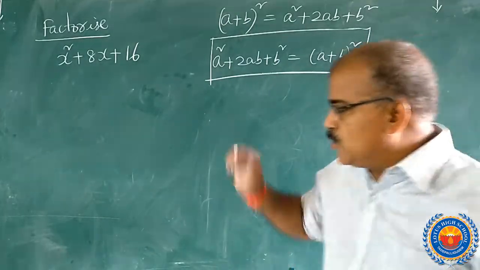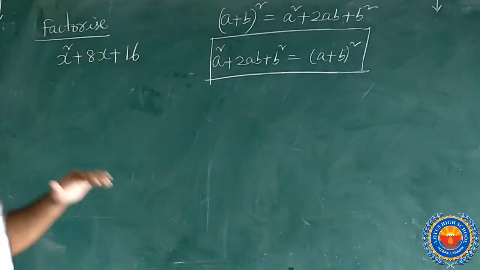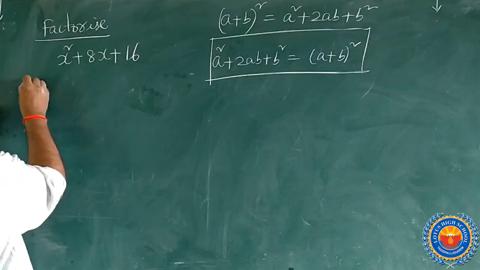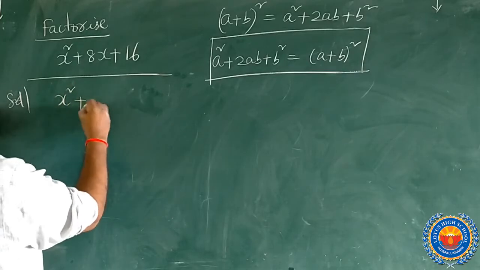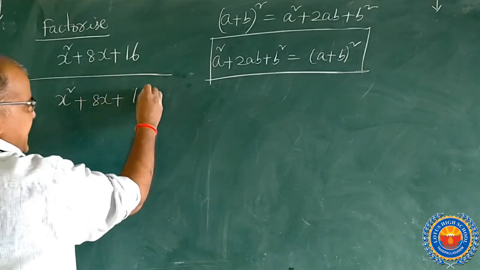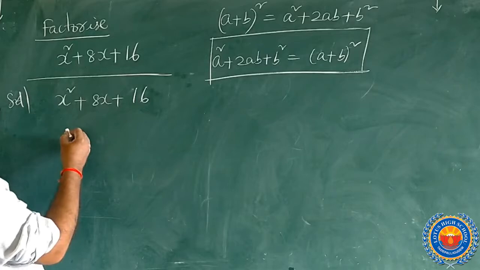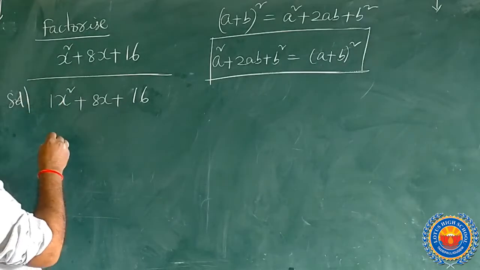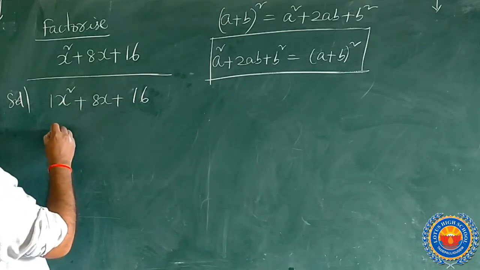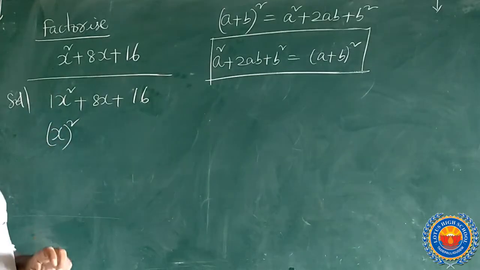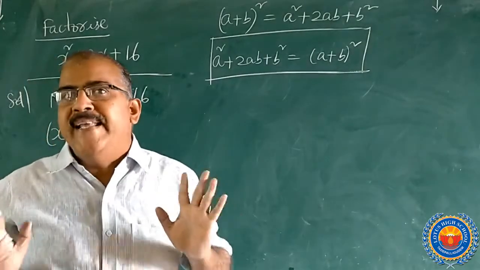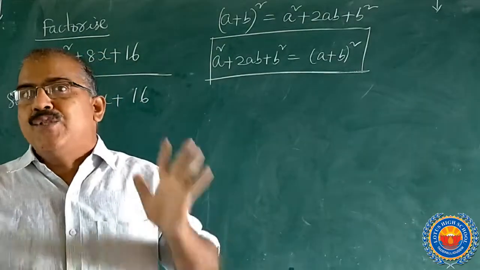First I am taking the sum x square plus 8x plus 16. X square is nothing but 1 into x square, I can write x whole square. 1 is a perfect square number, 1 square is equal to 1.